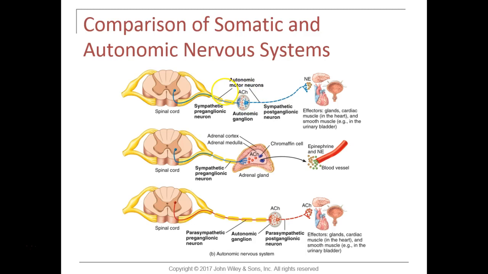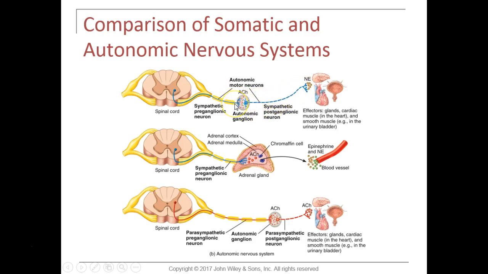The neuron cell bodies that are in the ganglion, if it's an autonomic ganglion, is the cell body of the postganglionic neuron. So here's the preganglionic neuron. It's the neuron that occurs before the ganglion, and here's the postganglionic neuron. It occurs after the ganglion.